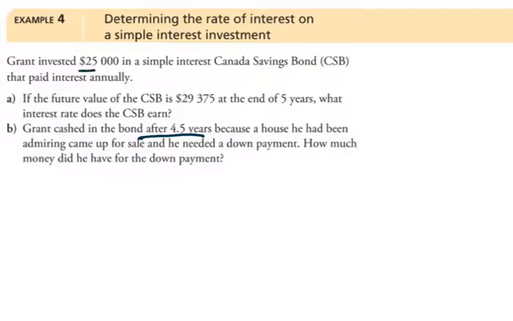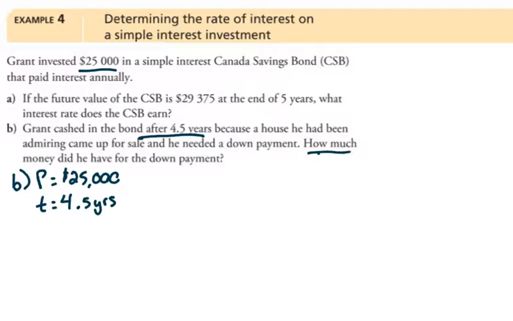we still have $25,000 that he invested as principal. Now we know the time because he cashed it in early because he found a house that he wanted. 4.5 years now.